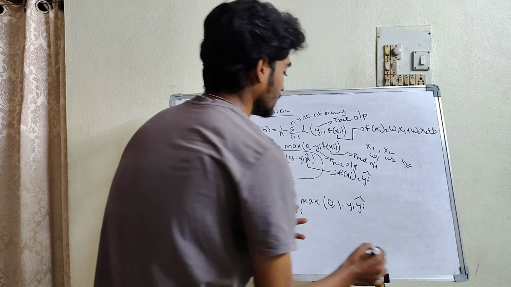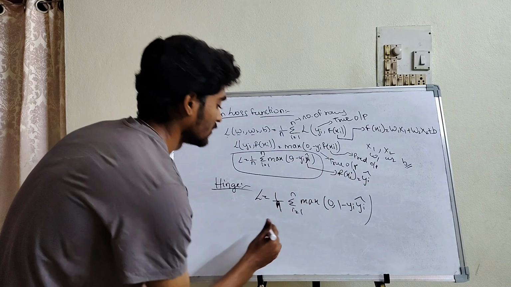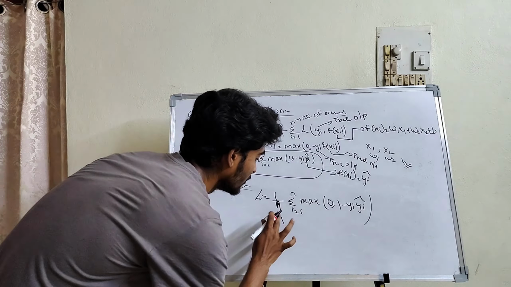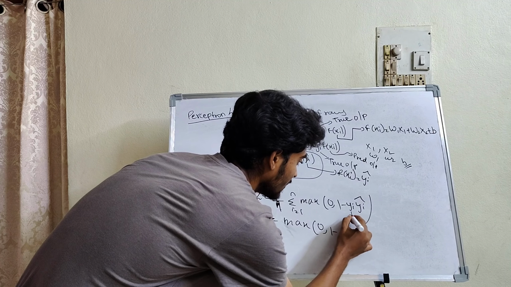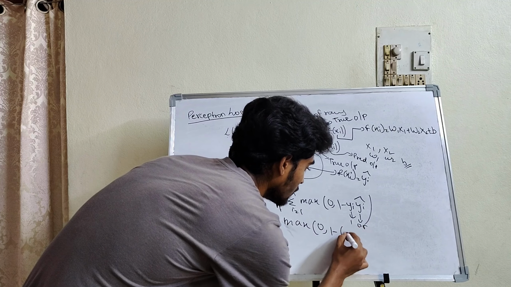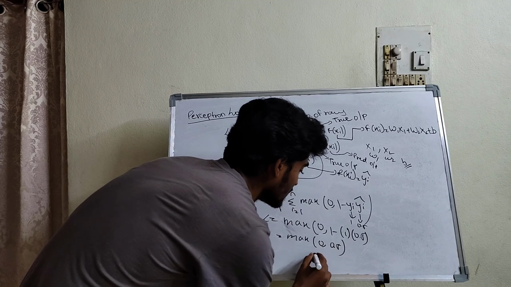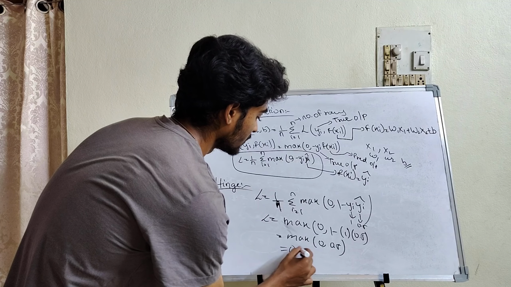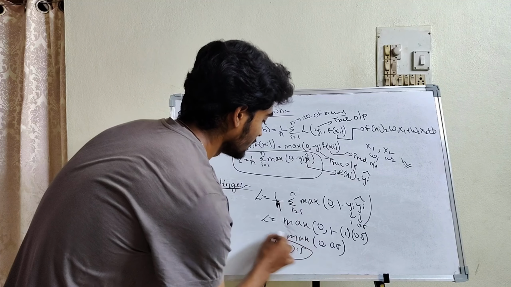We are calculating only for a single row, so max of 0 comma 1 minus 1 into 0.5, that is max of 0 comma 0.5. The maximum of 0 and 0.5 is 0.5. The loss is determined as 0.5.